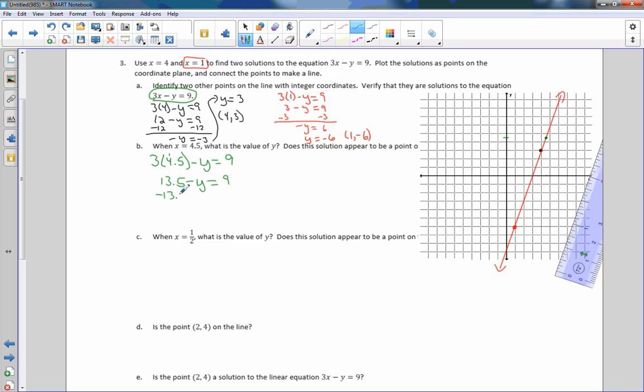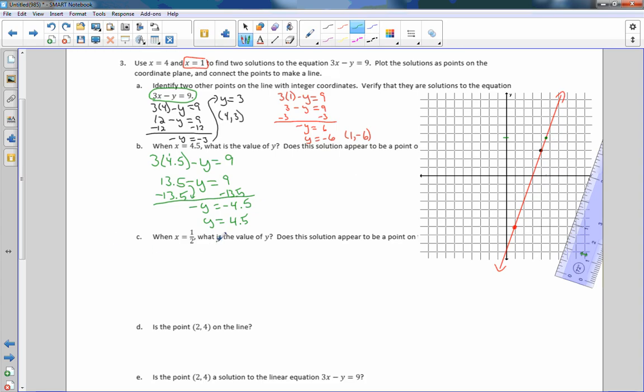Subtract 13.5 from both sides. Okay, and I get negative y, don't forget that negative sign. And 9 minus 13.5 equals a negative 4.5. And multiply both sides by negative 1, and I get y equals 4.5. And so sure enough, y is 4.5.